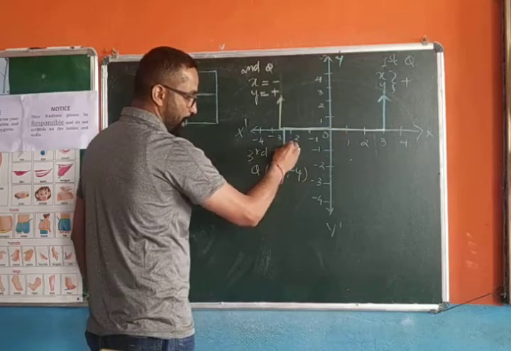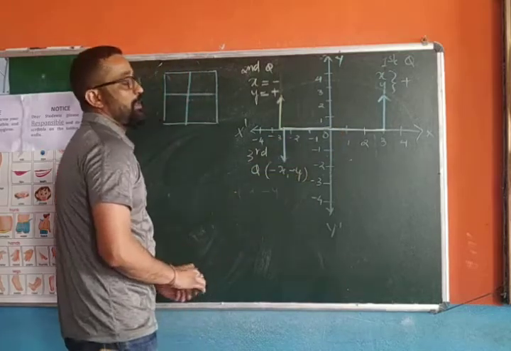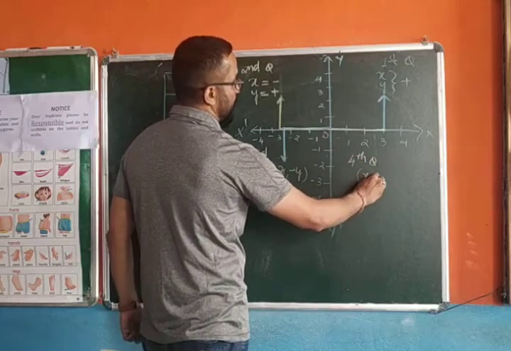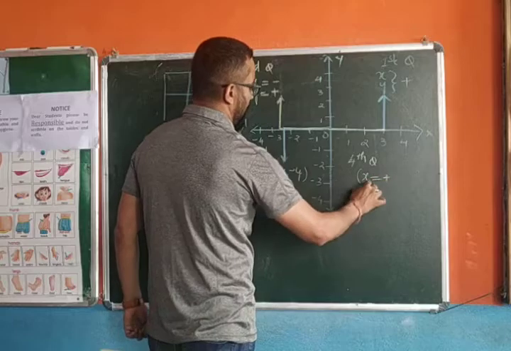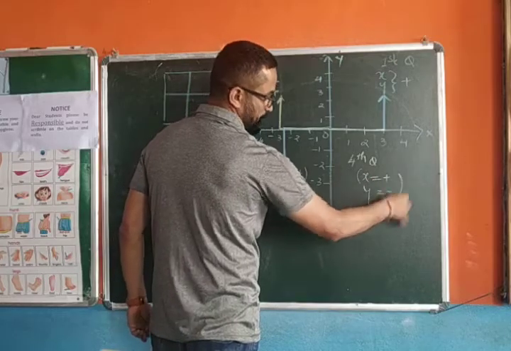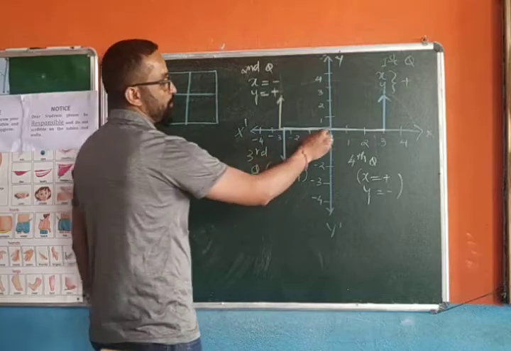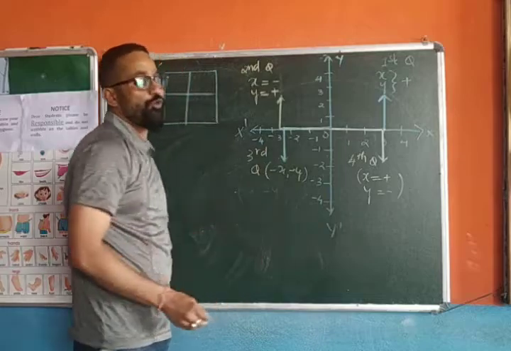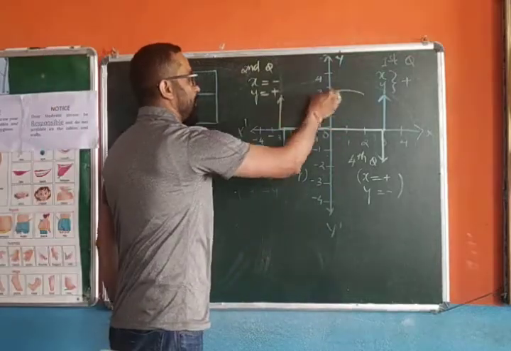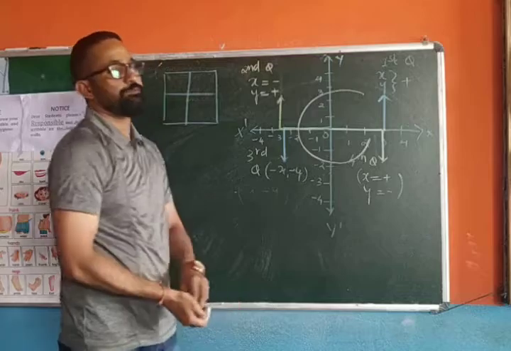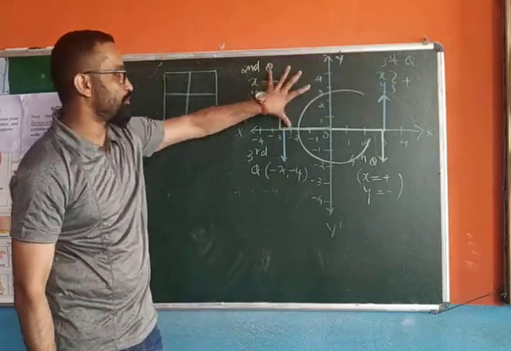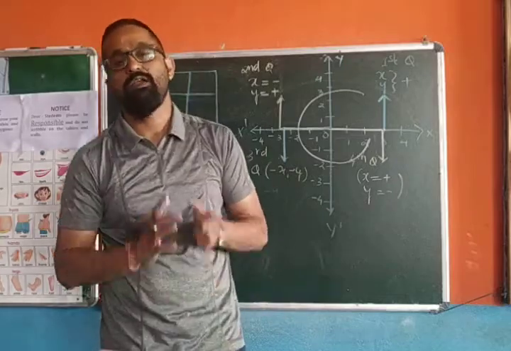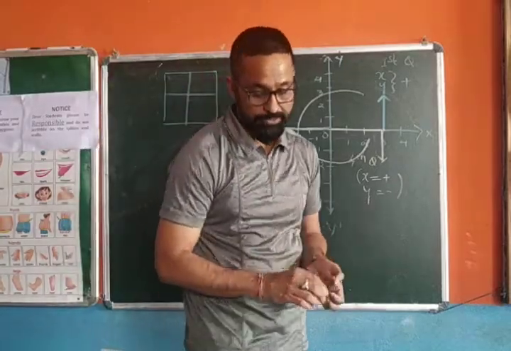This is called the fourth quadrant: in the fourth quadrant, x is positive and y is negative. So when we plot a point whose x value is positive and y is negative, it lies in the fourth quadrant. It goes in anti-clockwise direction: first quadrant, second quadrant, third quadrant, fourth quadrant. If you remember this, you can easily plot the points.